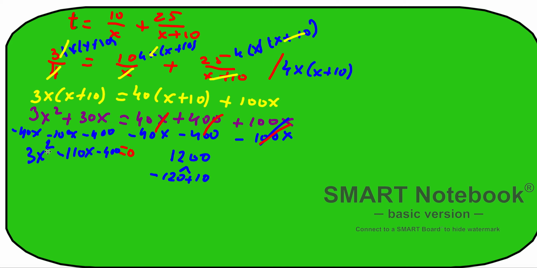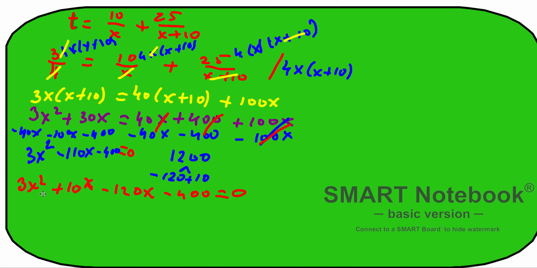Now I can combine this method. Let me write it with a different color. I can write 3x squared plus 10x, instead of minus 110x, I will write minus 120x, and minus 400 is equal to 0.